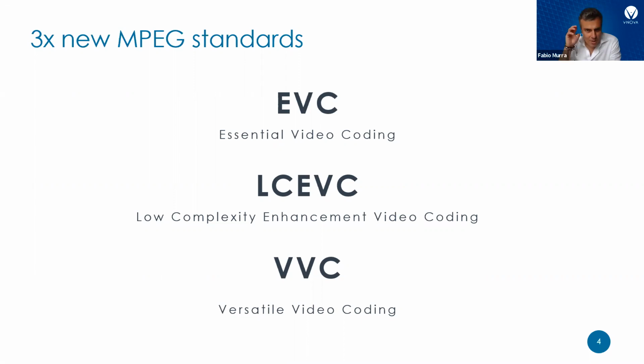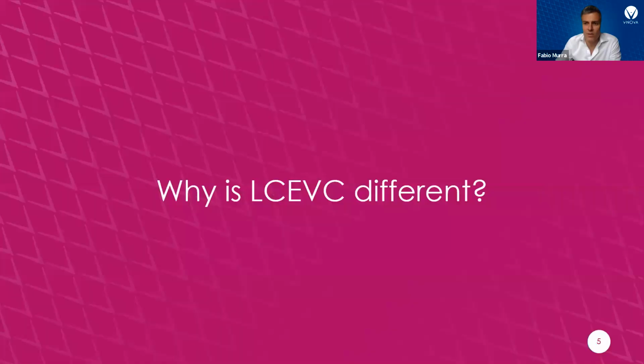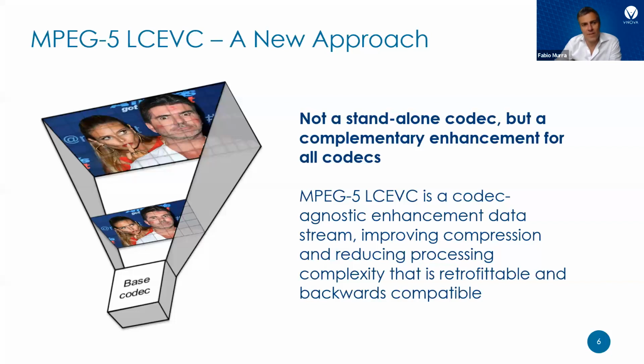Today, I want to zoom in and focus on LCEVC, because LCEVC is different. It's not like any of the other standards that came before it. So why is it different? While the majority of MPEG standards have been evolutions of a previous generation, MPEG5 LCEVC is a new approach. It's not a standalone codec, but an enhancement for all other codecs.